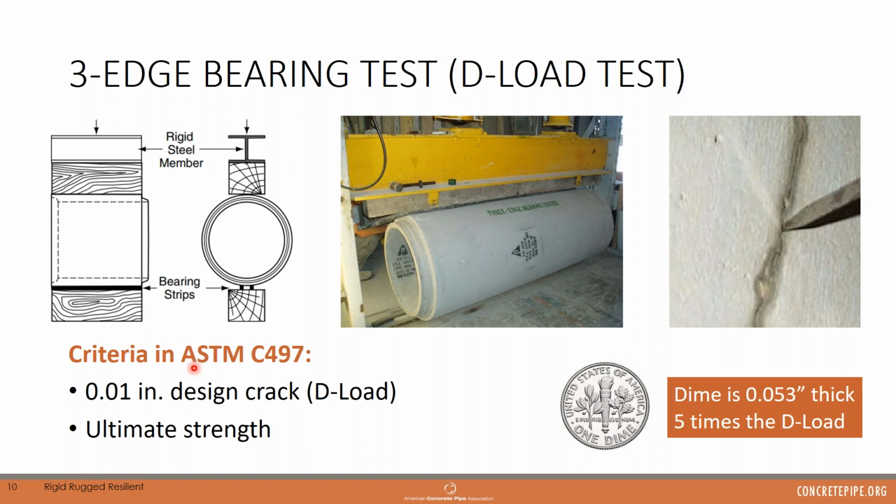Just to give you a frame of reference, a dime is 5 times thicker than the 0.01 inch crack that we're looking for. So you can see in this photo here, we have a very thin feeler gauge that we're using to perform this QC test.